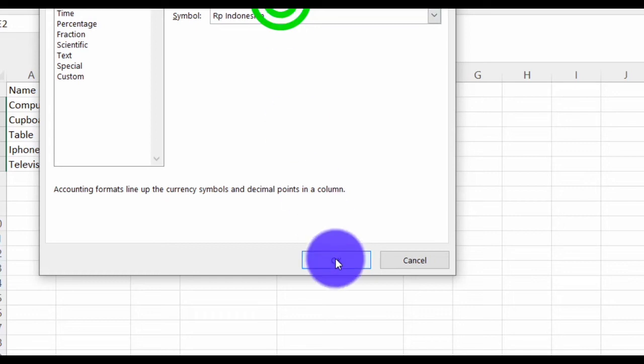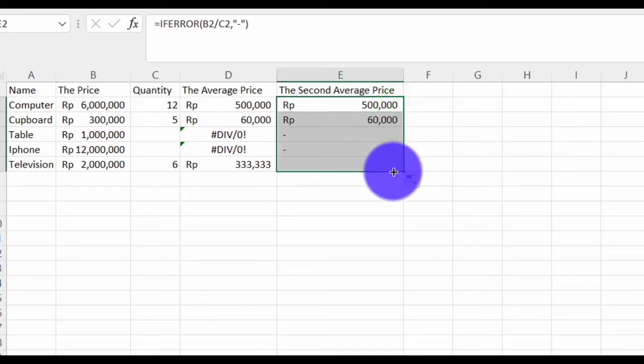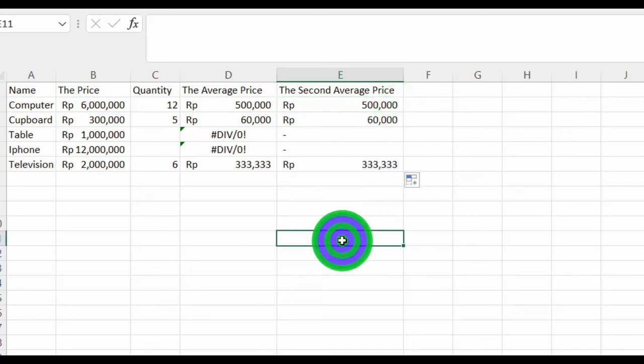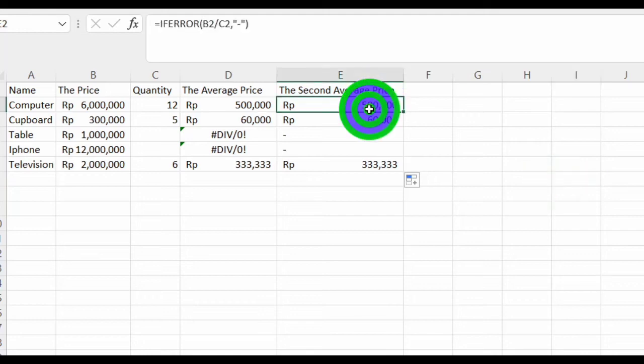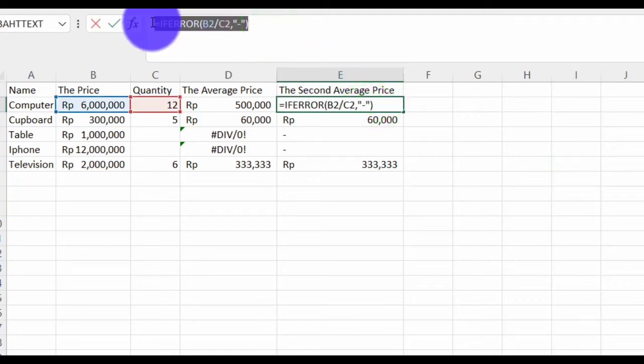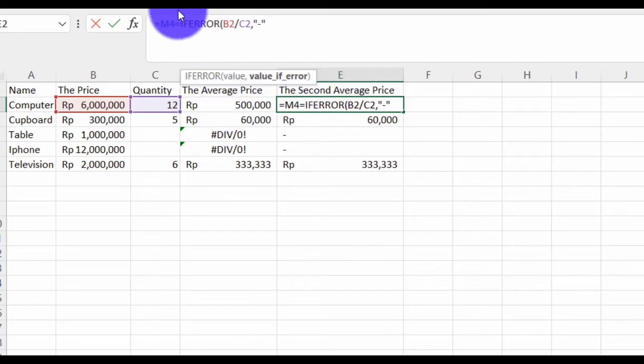Okay, decimal 0, and then I pull this to below. So there is no error again. So the answer is this is the value. Oh my god, I cannot do this. Okay, I just make it into the next time.